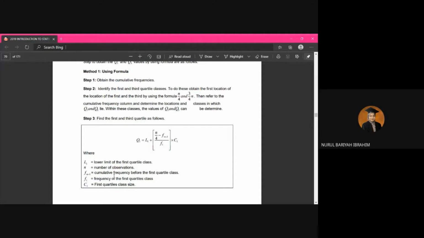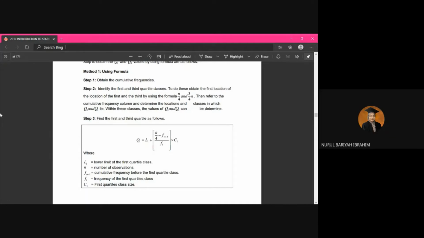And then we also need to know which class contains the first quartile. So we need another column to find the position of the data. Before that, to find which class contains Q1, we need to find the position of the data.